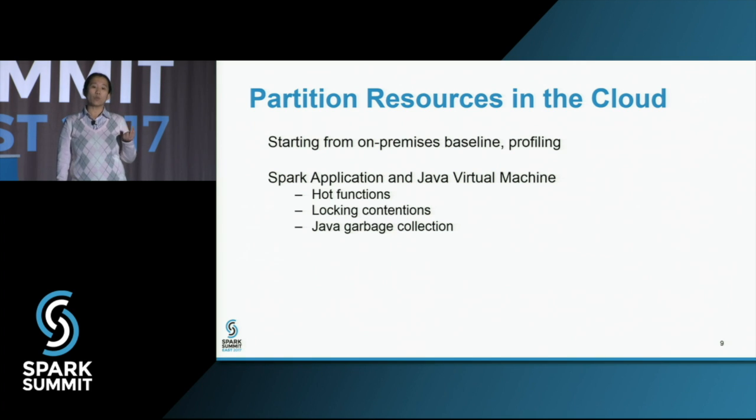The information we want to get out of this stage is if there are any locking contention issues between the threads. How about the Java garbage collection? Is there any non-pause or anything we can do there? Or are there any hot functions? What is the percentage of your hot functions? Maybe there's anything we can do to make it run better. So that is the goal for this stage.